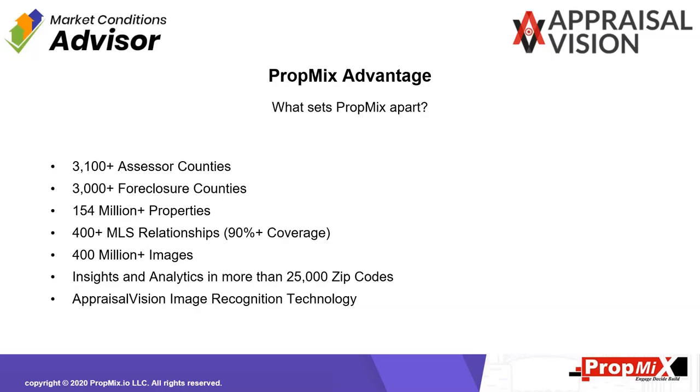But the thing that really sets us apart is our MLS relationships, our imagery, the insights and analytics that we generate from the data that we collect for more than 25,000 zip codes. And then there's appraisal vision image recognition technology.